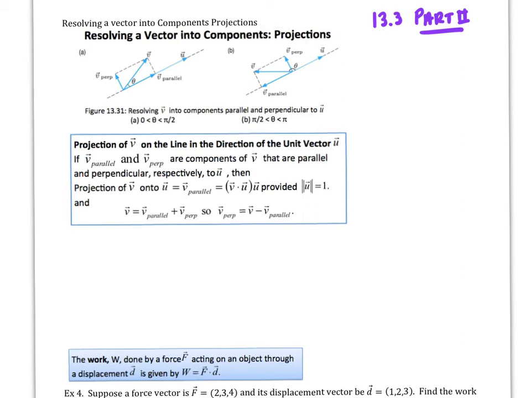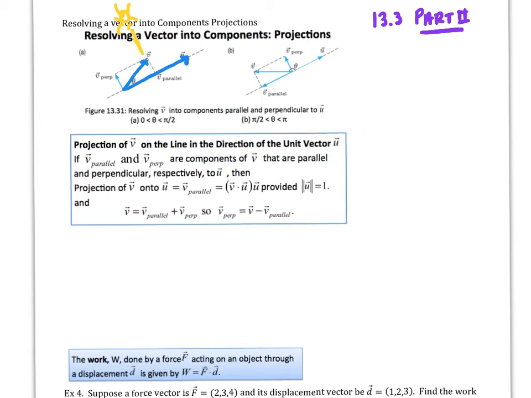Now what we want to do is look at what the dot product does for us, and it's called a projection. We have a vector, namely V, and we want to project it onto another vector, which in this case is U. When I project it, it's like a little Mr. Sunshine out here, and then I get the shadow.